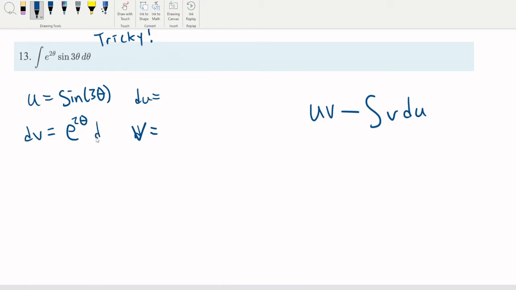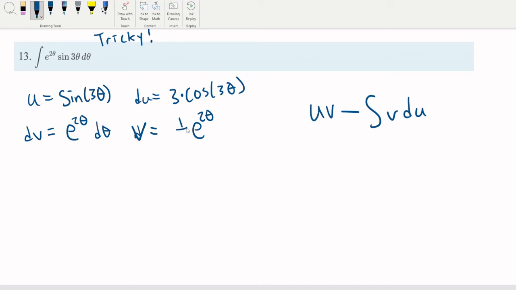Okay, so let's do our derivative. So the derivative of sine is cosine, but remember this is technically chain rule, so we get that 3 that pops out. Do the antiderivative here. Now I'm going to do this one quick, and this is a nice pattern that you guys can pick up on. Anytime you're doing the antiderivative of a function, and the only difference between that function and a very simple regular old function is a number multiplied in here against the variable, then the antiderivative will just be, take the antiderivative like you would of this simpler function, right?